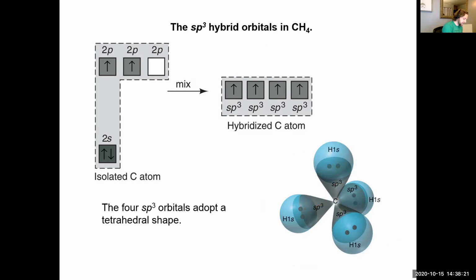So each of these hydrogens comes in with its 1s orbital and fills up the space. And so when carbon bonds with each of these hydrogens, it now has a full octet because it's filling up their bonding orbitals. Now what I'm doing right here will help with other examples where there are lone pairs. It gets a little more interesting when you see the lone pairs.